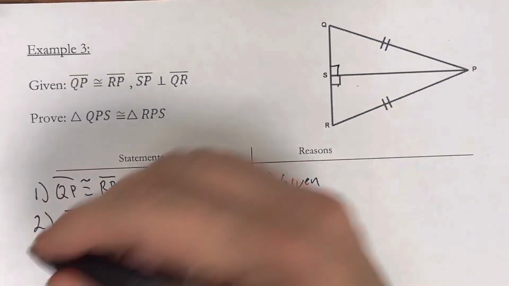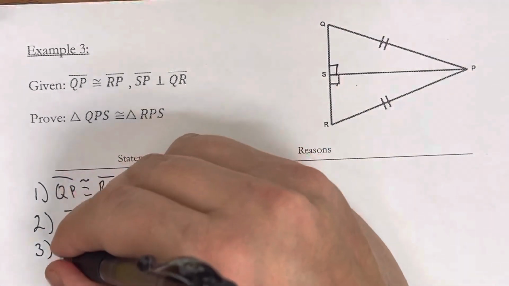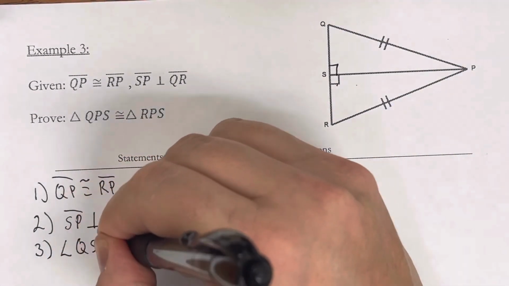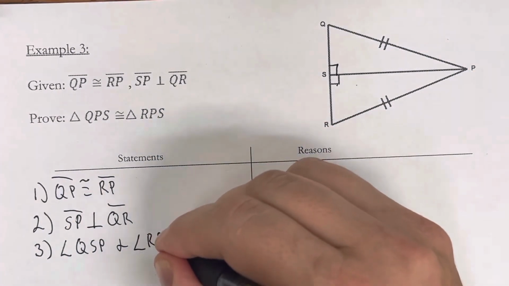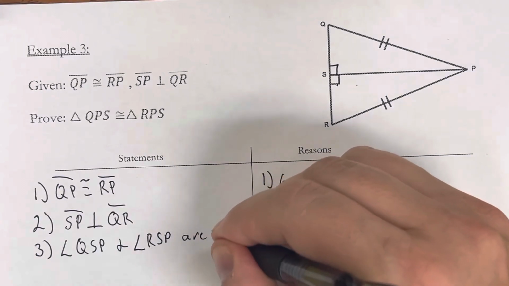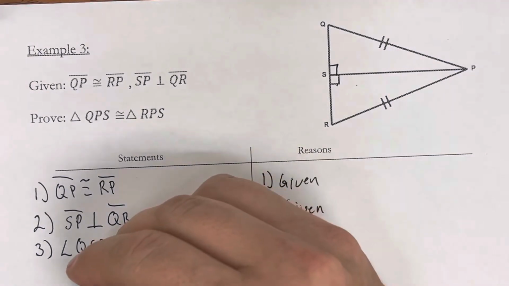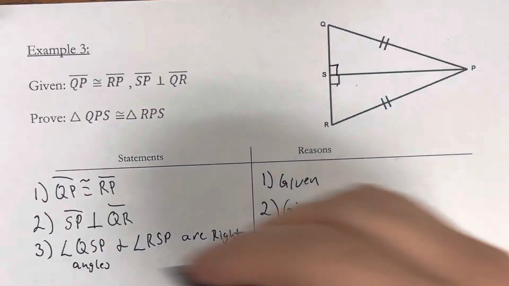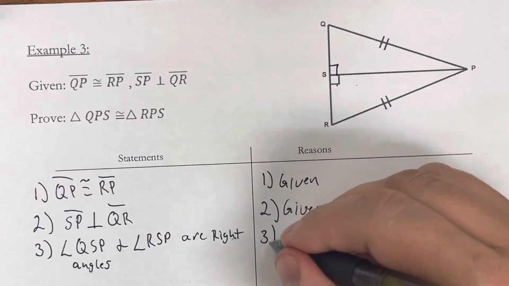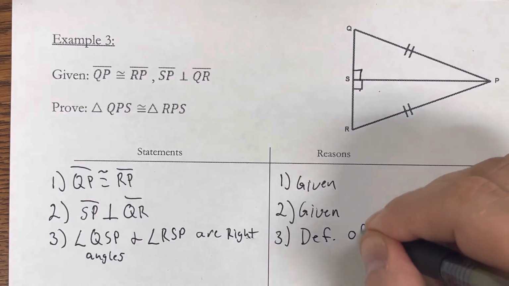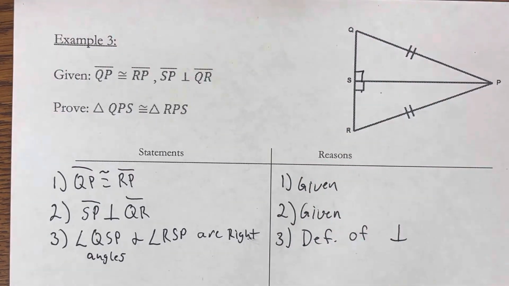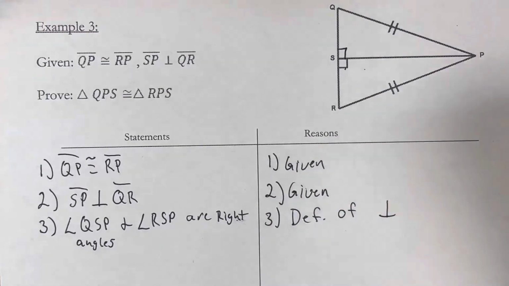So for step 3, I'm going to say QSP and RSP are right angles. Okay? So now that I've stated that they're right angles, the reason I used is the definition of perpendicular lines or perpendicular segments. Definition of perpendicular.